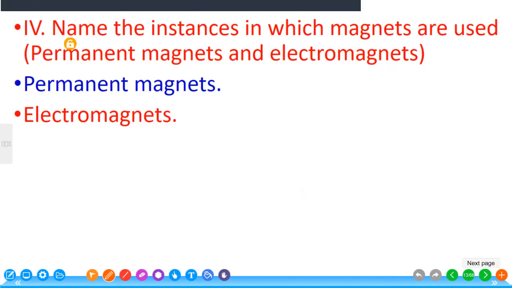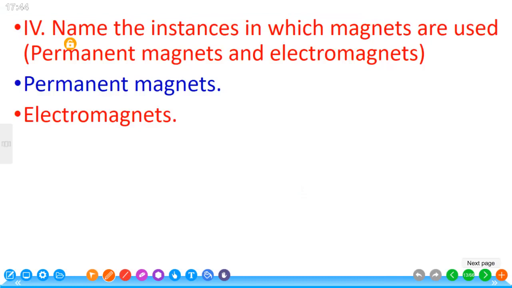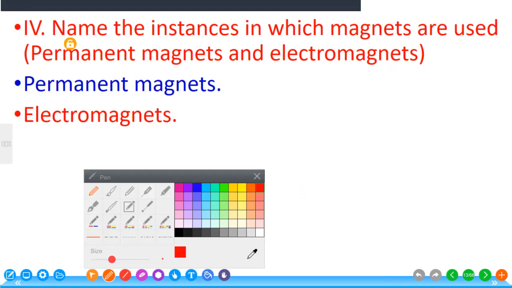Now we discuss the differences as well as the similarities of permanent magnets and electromagnets. When we consider the usage of permanent magnets, you can think there are various instances in our day-to-day life where we use permanent magnets. For example, you can think of speakers.